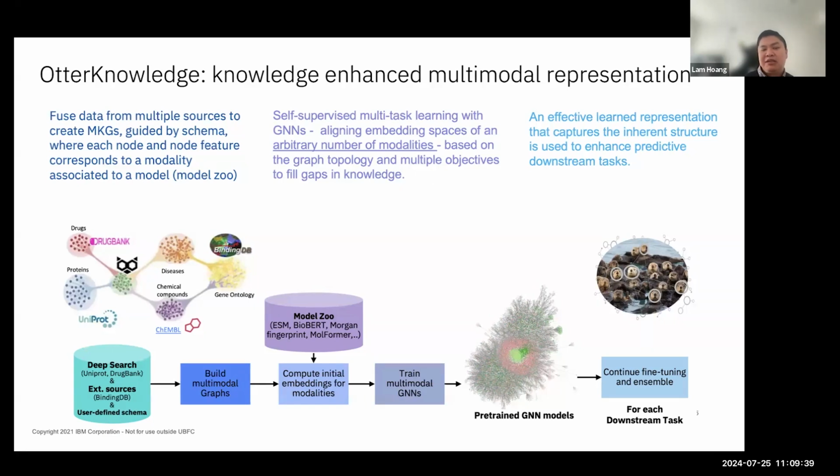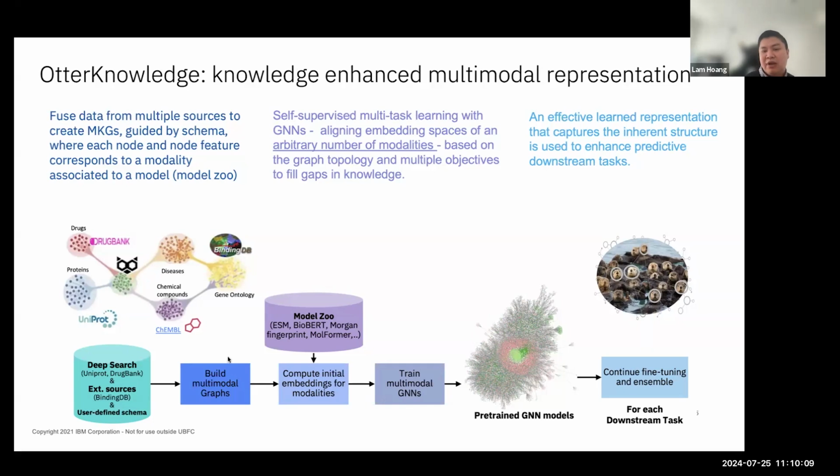And then every piece of data in the graph has some information. For example, for a protein, we have sequence information, we have a textual description of the protein, we have the 3D structure and so on. Each of those we call a modality. And for every modality, usually there are a lot of pre-trained models to learn the representation, I mean, the vector representation of that modality that can be used further for training.